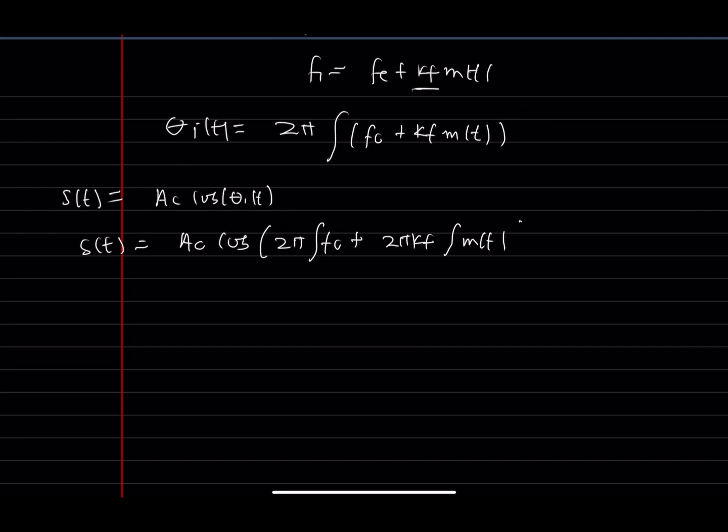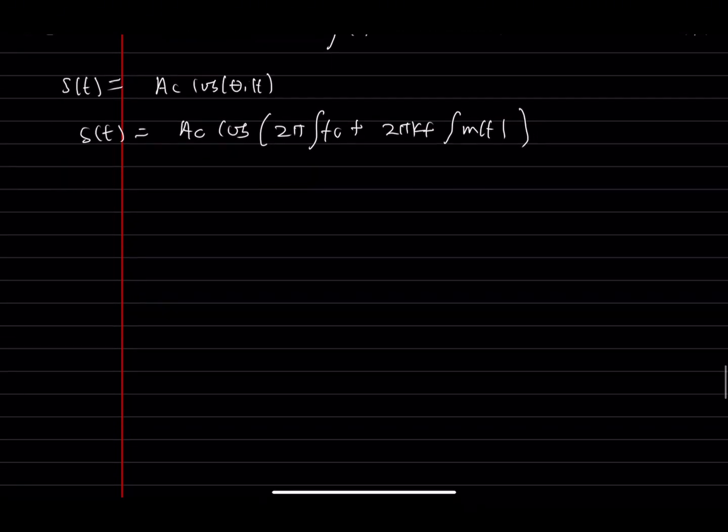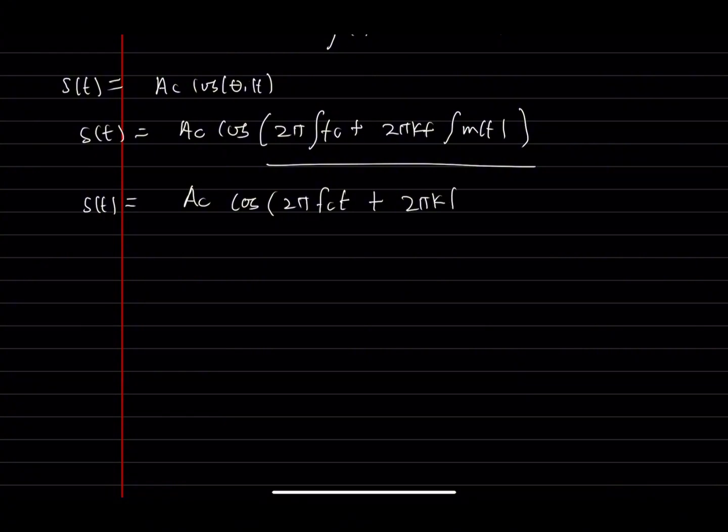I hope you have seen the expansion that I've done here. So if I do this integral over here, I get s(t) = A_C cos[2π f_c t + 2π k_f ∫m(t) dt]. So this is one standard equation for an FM wave.